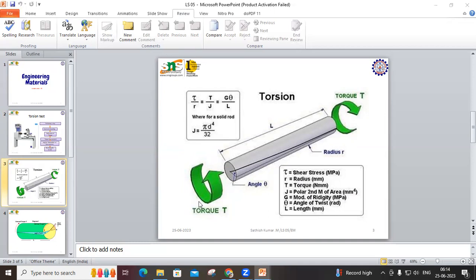The green picture shows how the torque is applied in the opposite direction. One end rotates clockwise, while the other is fixed, so it is actually rotating anti-clockwise with respect to the rotating member.